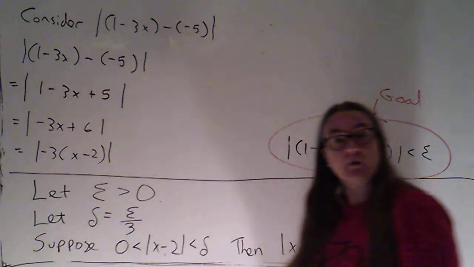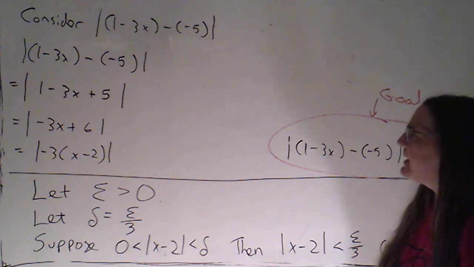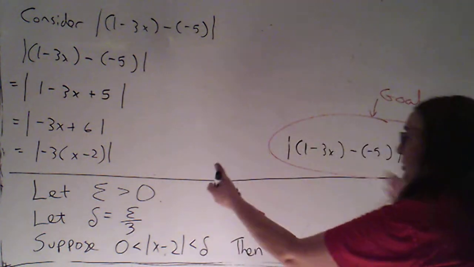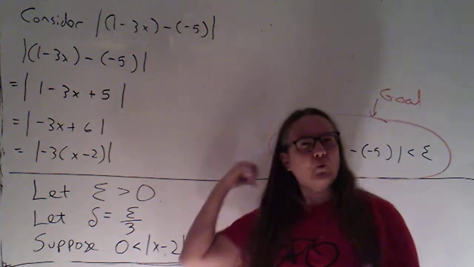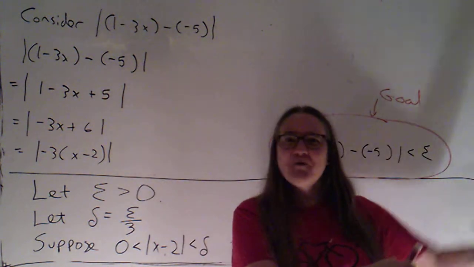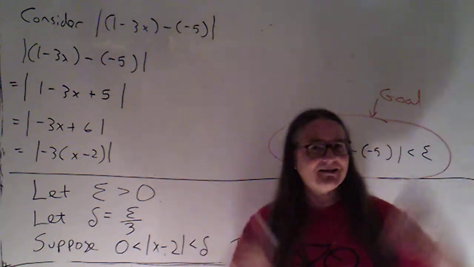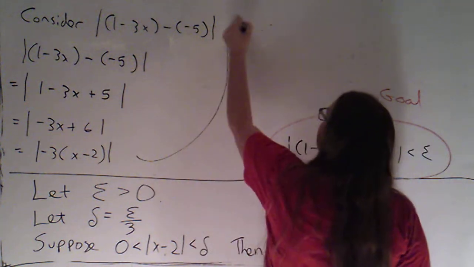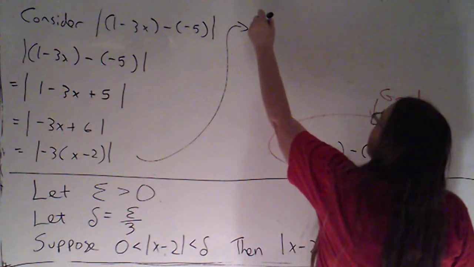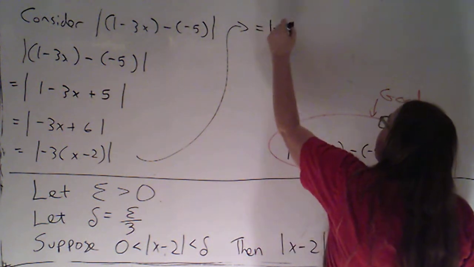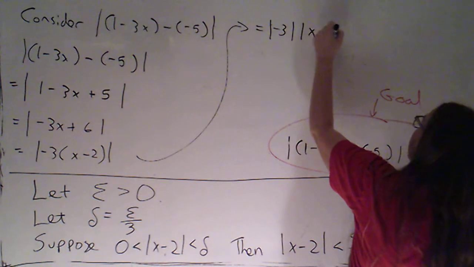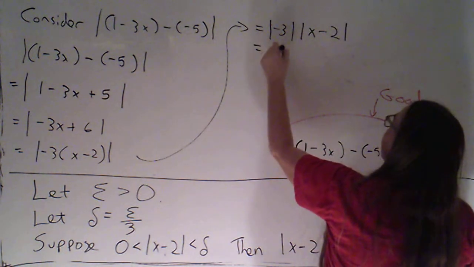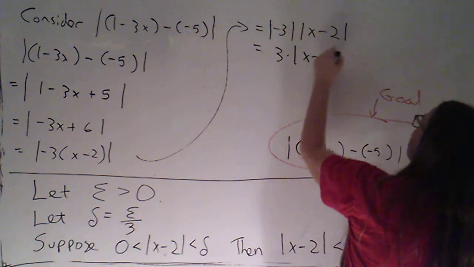Just factoring that out. Okay. Now, I'm going through this fairly quickly because I did it before. If I had a bigger board, I'd actually still have that work from my informal work still up on the board, and I could look back over it to remind myself what I wanted to do next. Okay. All right. So this is equal to the absolute value of negative 3 times the absolute value of x minus 2, which is equal to 3 times the absolute value of x minus 2.